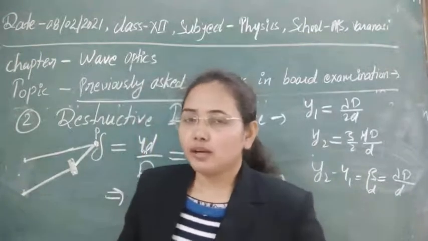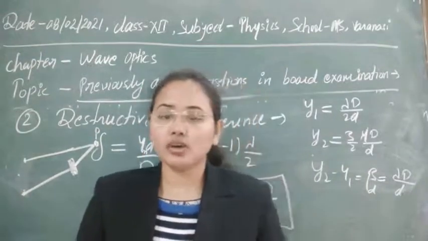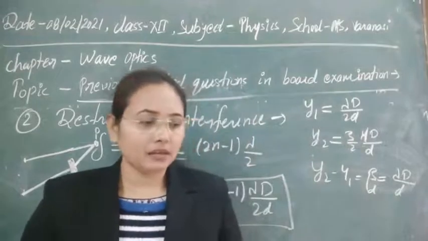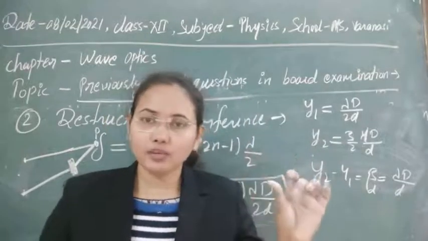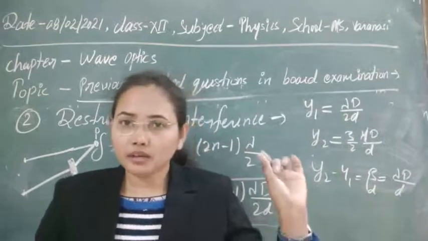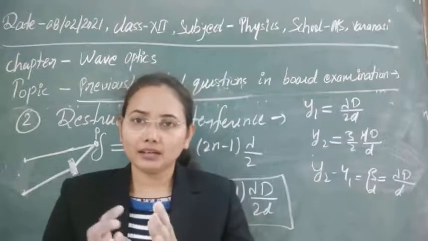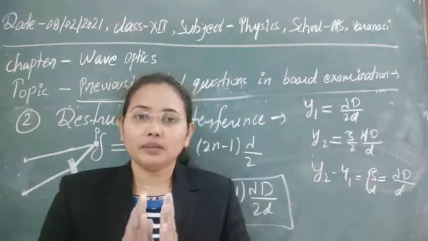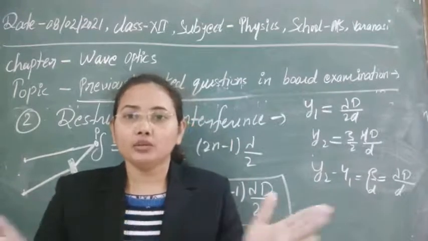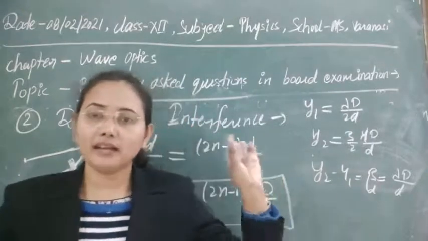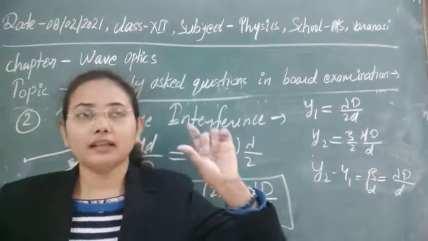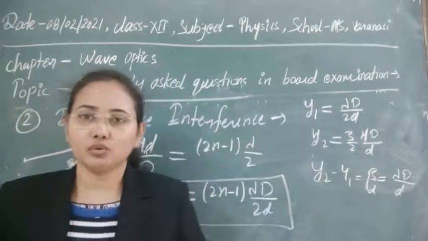Diffraction is based on this concept. If we try to pass light through a fine hole, then the light bends through the corners of that fine hole, and this bending of the light beam is known as diffraction.